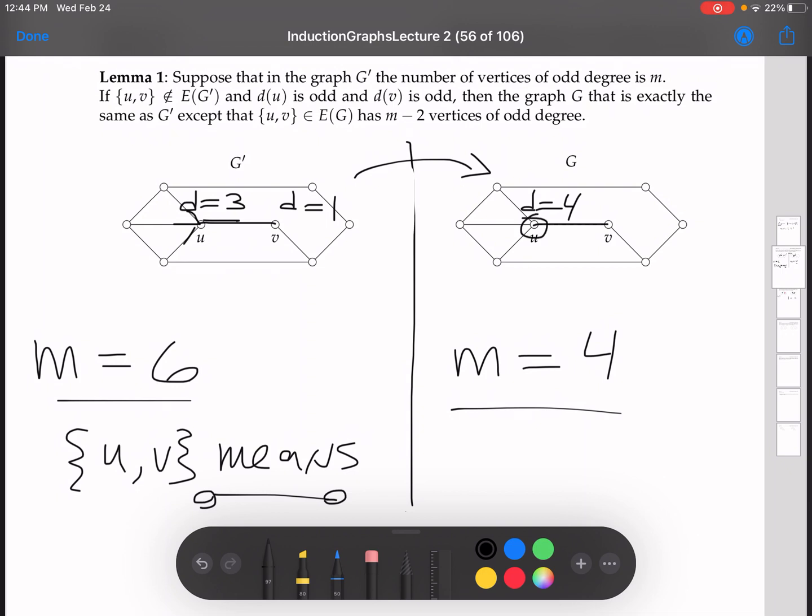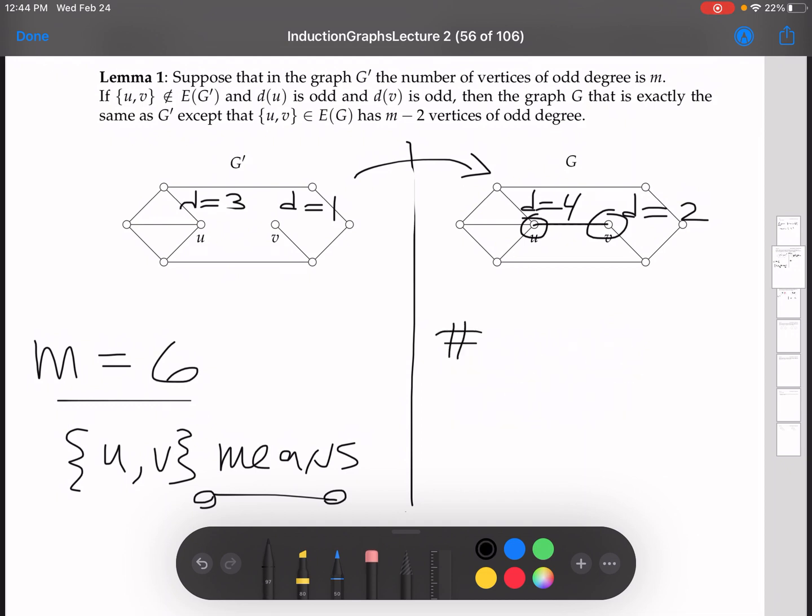And now V goes from degree 1 to 1, 2, so degree equals 2. So we add that edge between them, and it makes sense that the degree would go up 1. If they both were odd, odd plus 1 is even. So the number of vertices of odd degree goes down by 2.